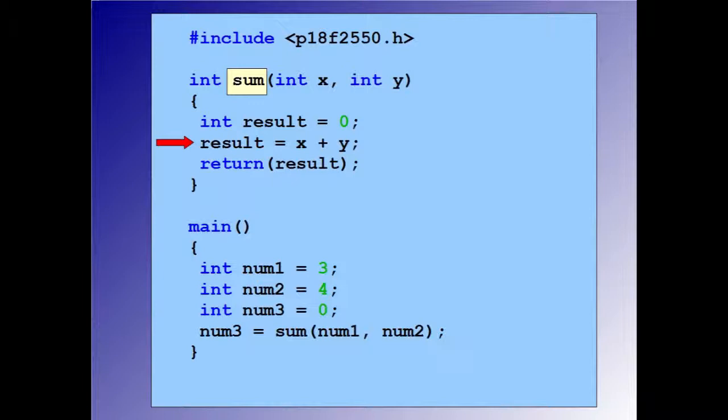The variable result will hold the addition and is returned to the main program through the use of return. Then the function ends and the execution is passed back to main. The equal sign in the main program will assign the return value to num3, and the program will end.